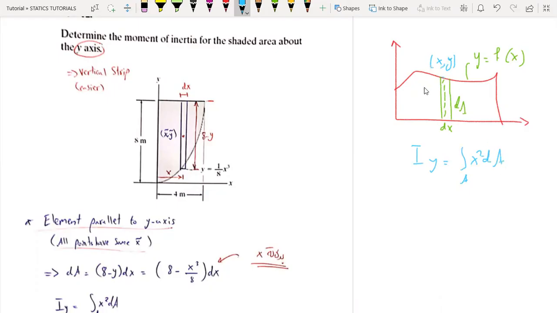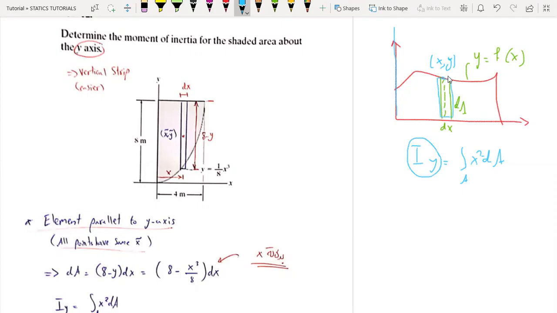In general, it will be easier if we want to get the moment of inertia about the y-axis, so we'll take the strip parallel to the axis that we are calculating the moment of inertia about.